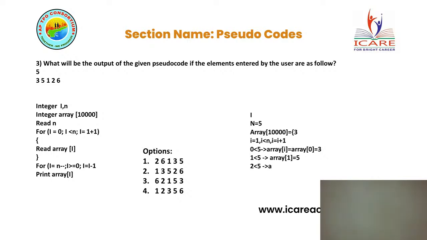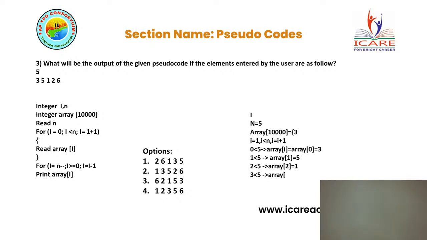So we are reading array of 2 as the value 1. So array of 2 is equal to 1. And after incrementation 3, 3 less than 5, condition is true. We are entering into the block.